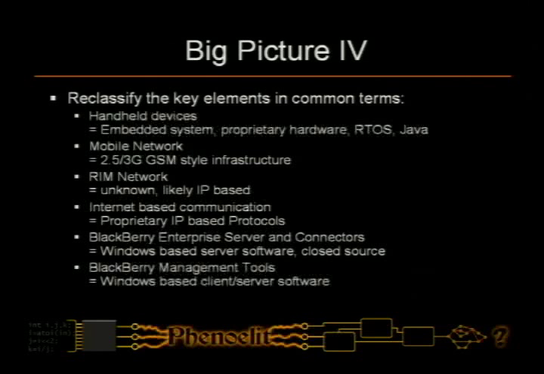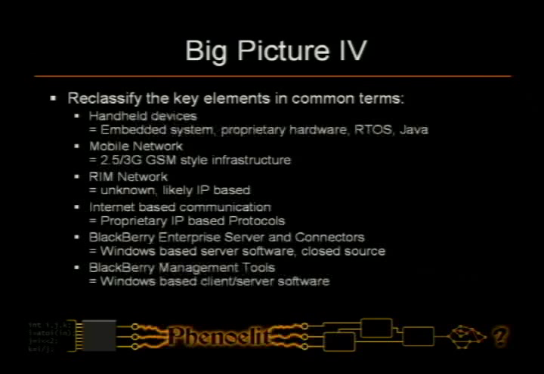So the handheld devices, for example, on an embedded system, it's obviously proprietary hardware. It has a real-time operating system because that's required to run a GSM engine. And it obviously has Java because the applications are slow. You have a mobile network, GSM 2.5 or 3G GSM network.